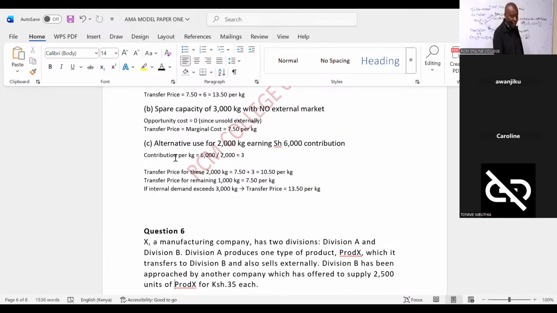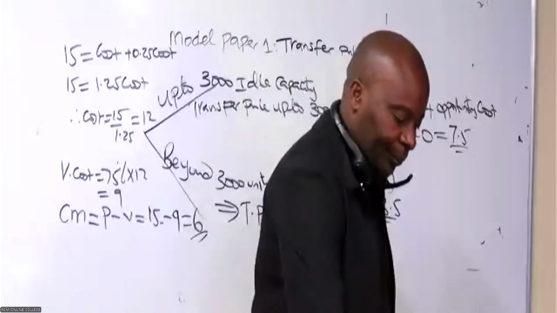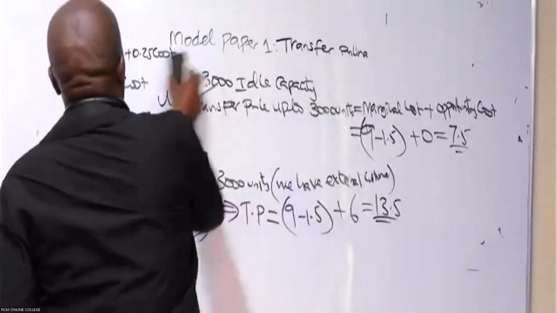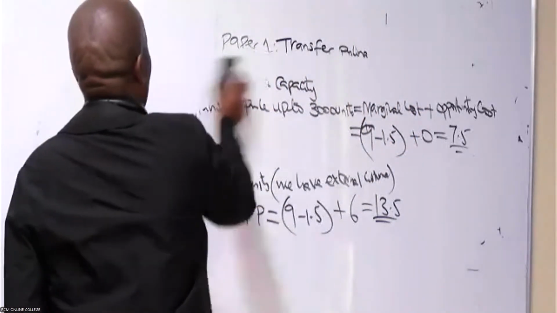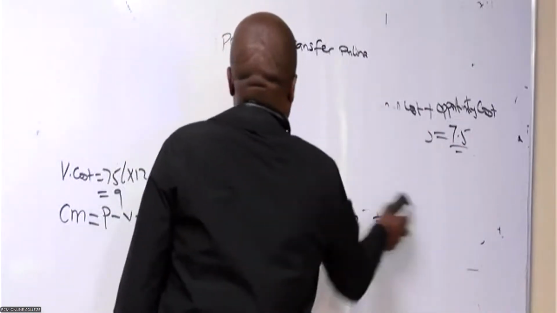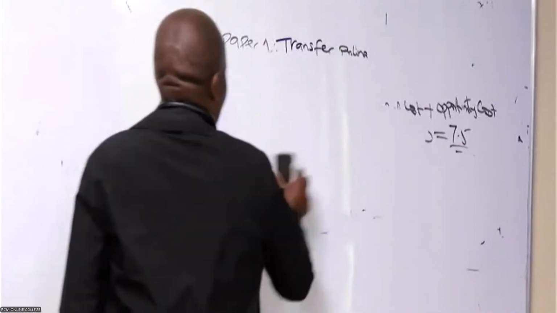So you can see in this case, the alternative use for 2,000 kilograms earns 6,000 contribution, so the contribution or profit per kilogram will be 3. Then what will the optimal transfer price be? Remember the formula, it is really easy.